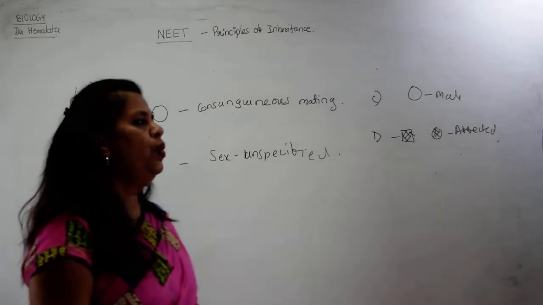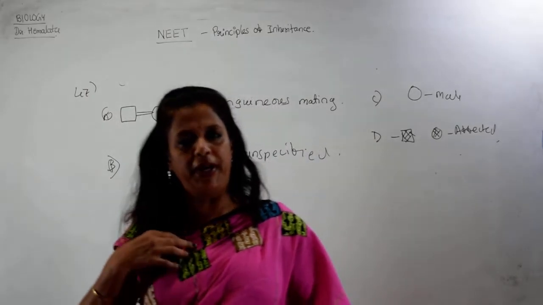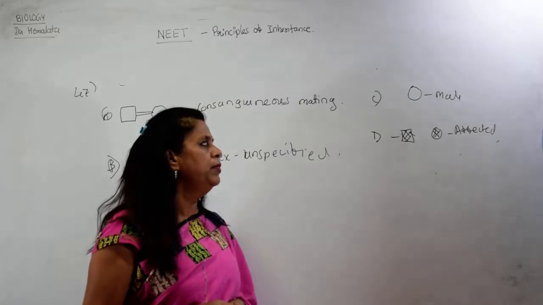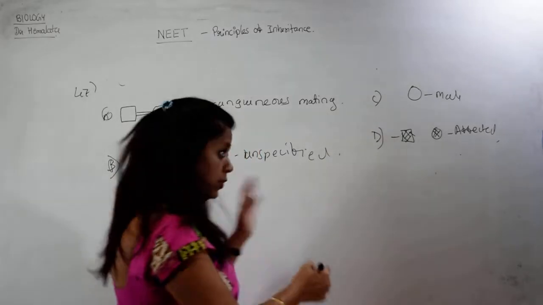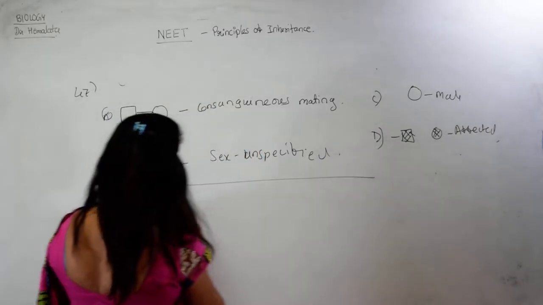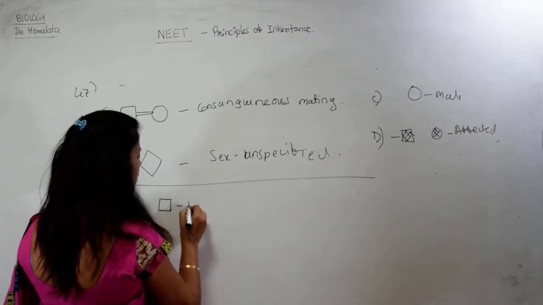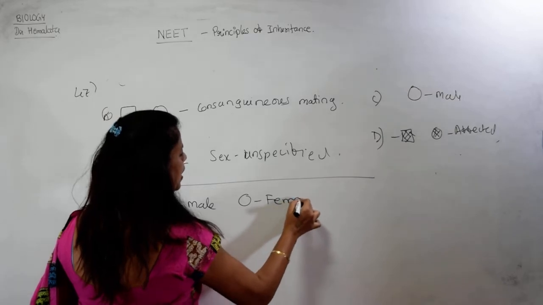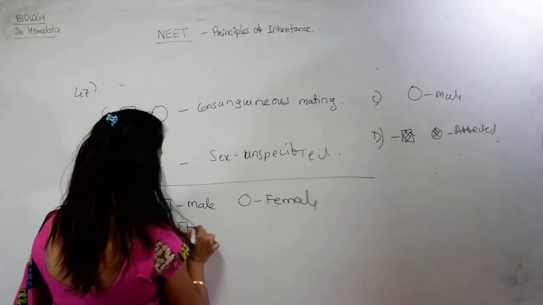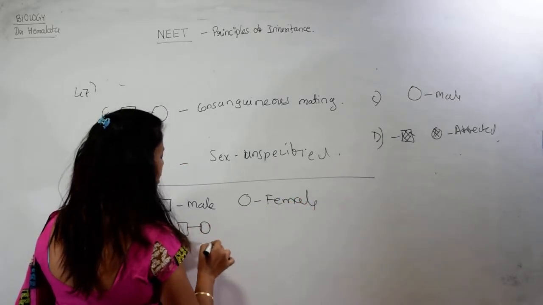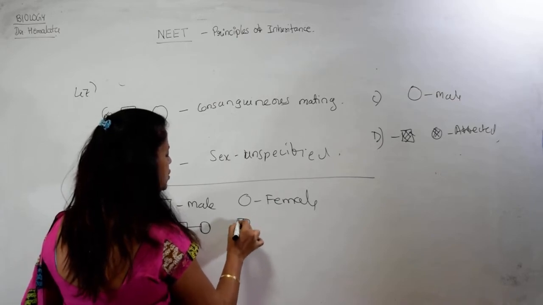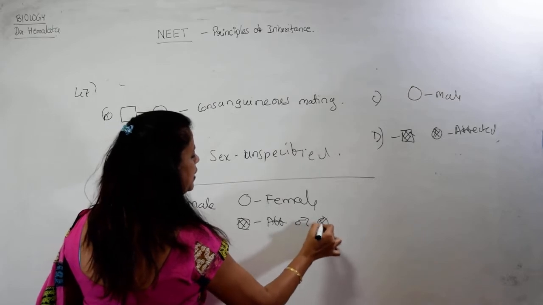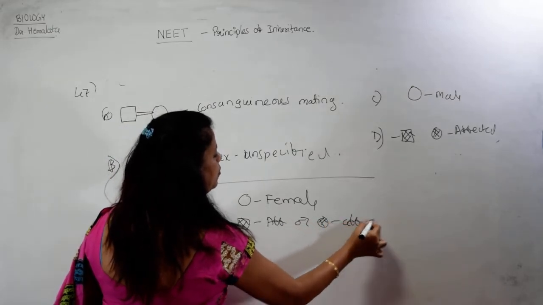So listen, although I gave you the pedigree chart, the male and female you know very well. That time I told you the basics: this is the unaffected male, this is the female, and if they cross, there is a marriage, then it will be like this, right? And if they are shaded, this is the affected male. If she is affected, she is the affected female.